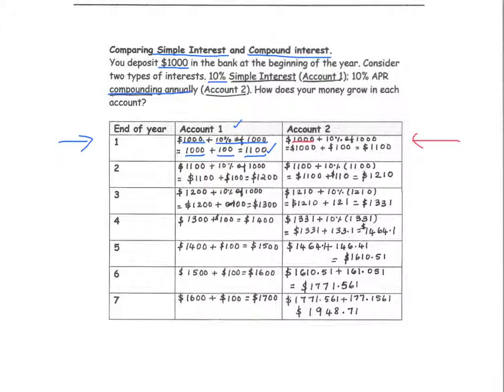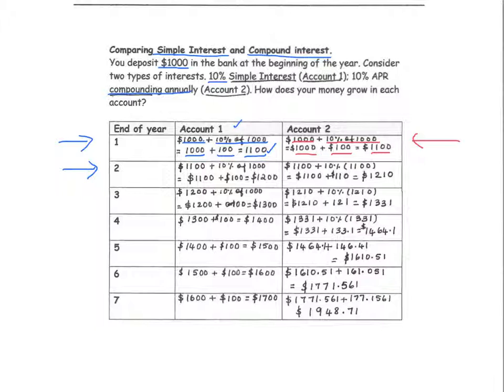What gets added on is 10% of what we have in the bank, which is $1,000. So 1,000 plus 10% of 1,000, which is 100, is 1,100. At this point, you're probably wondering what the difference is. You can see the difference only in the second step. So let's look at the amount of money in the two accounts at the end of the second year.